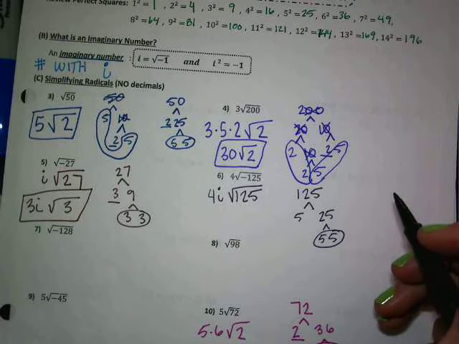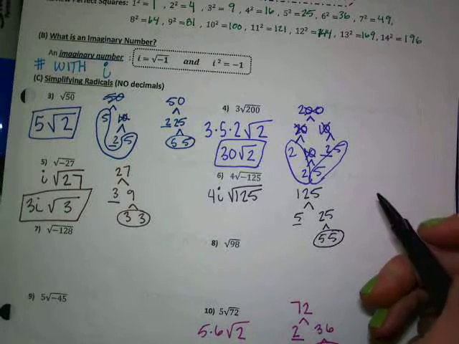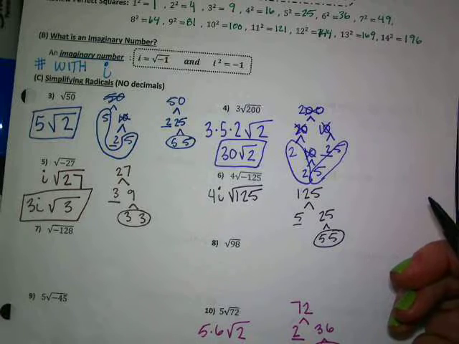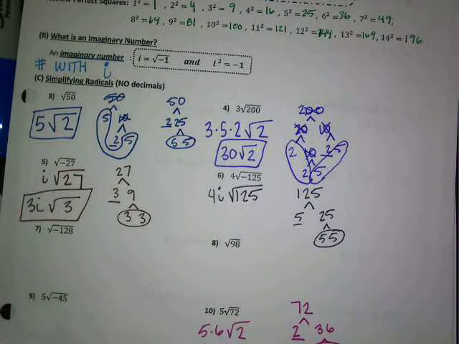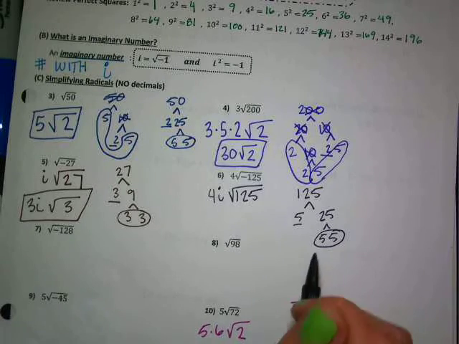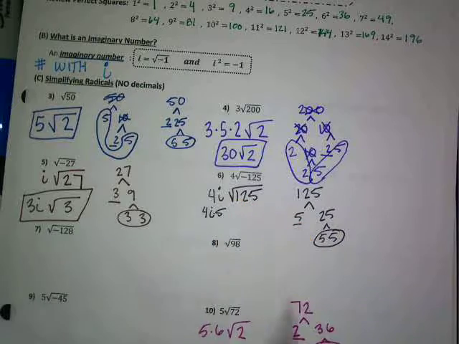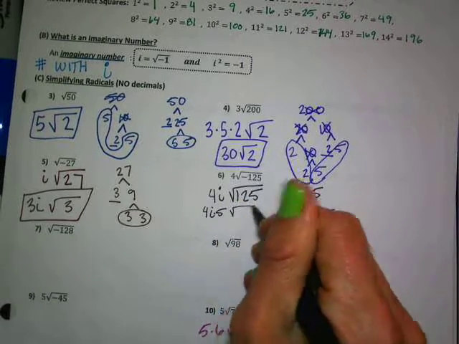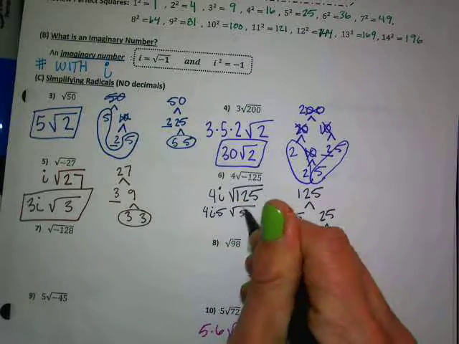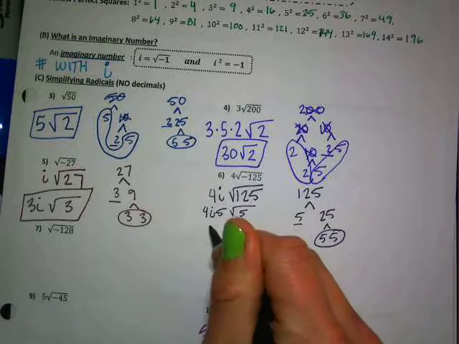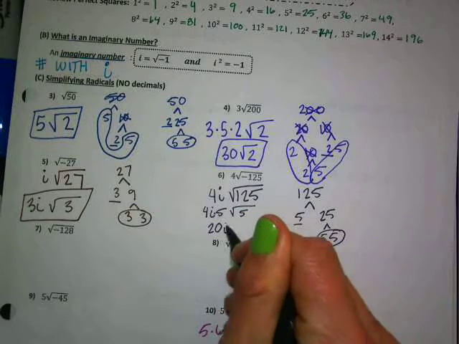A 5, good. And then Angie, how would I write this? You multiply the pair of 5s by the 5 outside, very good. So we're going to put the 5 on the outside and multiply, and then put the lone 5 inside. So you'd multiply it and you'd get 20i square root of 5. Very good.